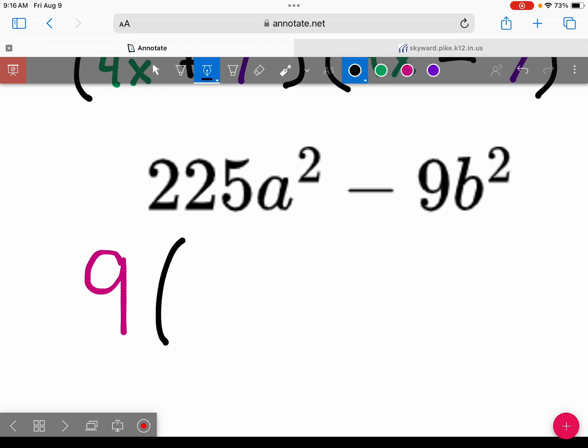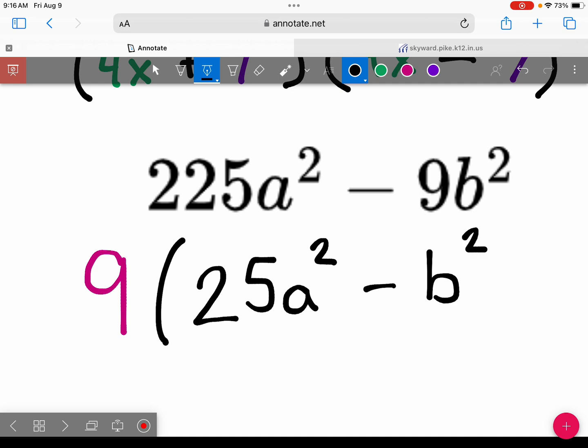So we have 9 out in front, and then what we really have left over is 25a squared minus b squared. So just because it's a difference of squares doesn't mean we get to skip the step of checking for a GCF. It's still a part of what we got to do.